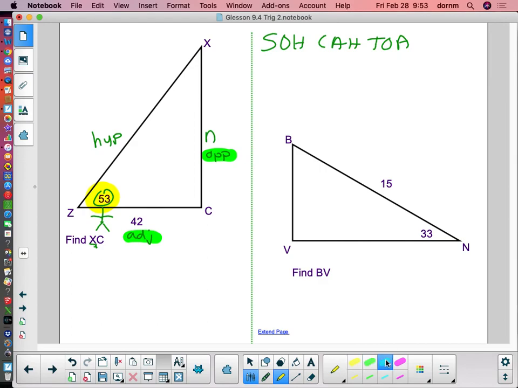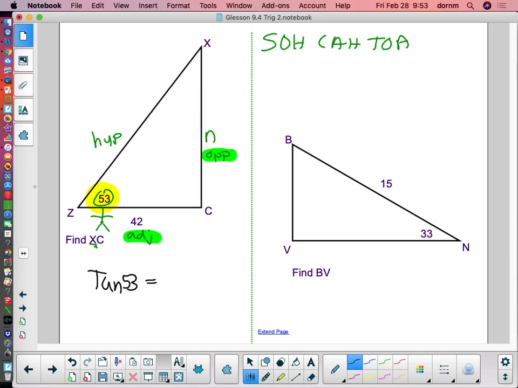Sine uses opposite, oh, and hypotenuse, so no. Cosine is adjacent, good. Hypotenuse, nope. Tangent is the one. So I'm going to pick tangent. Okay? So tangent is the function. Tangent of, got to have an angle there, 53. Equals.